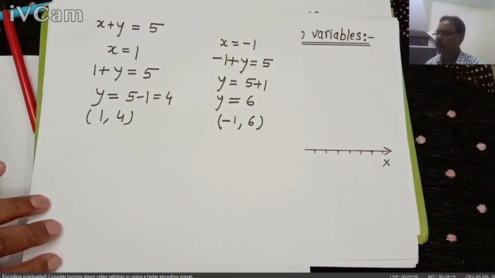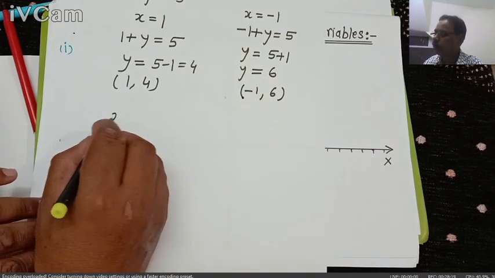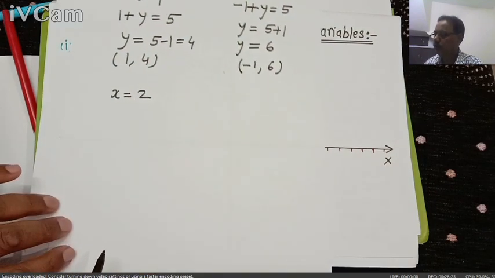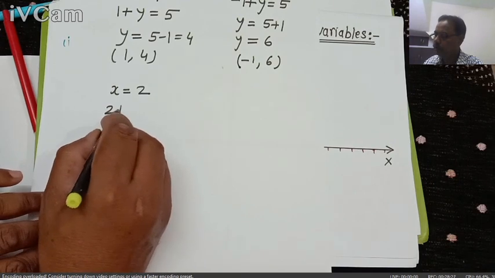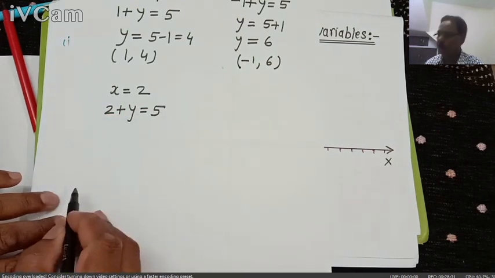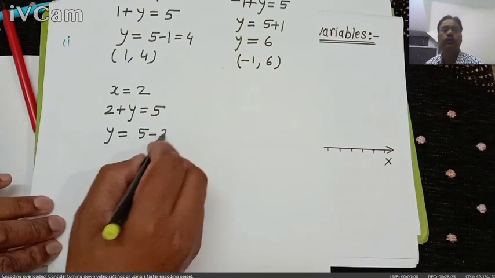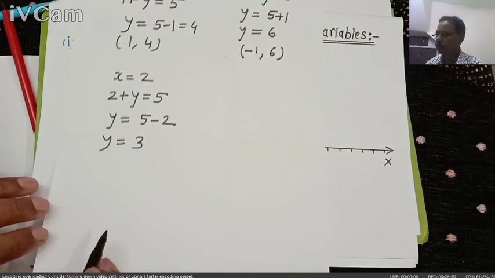Now the next, let us put x equal to 2. In place of x we are going to put 2. So it will be 2 plus y equal to 5. Therefore y will be equal to 5 minus 2, so y will be equal to 3.